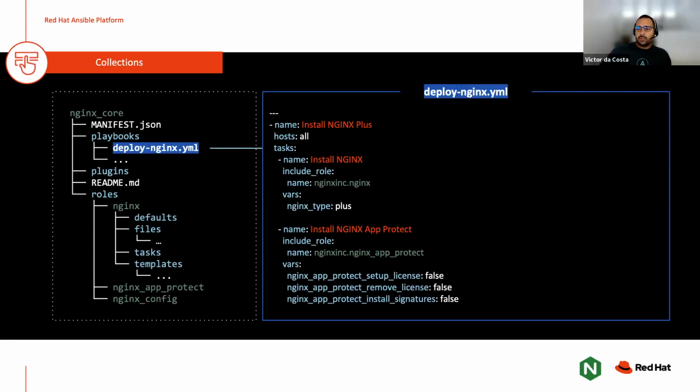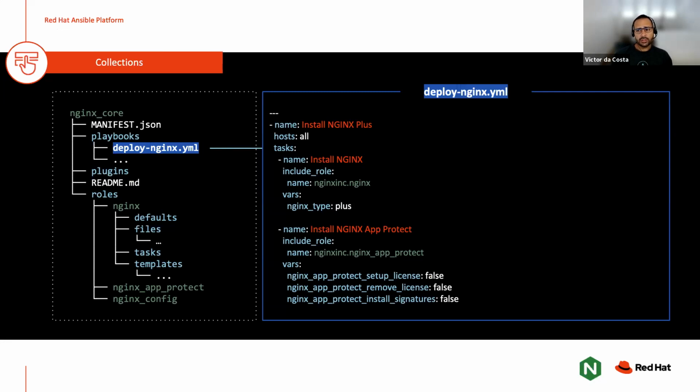Next, we talk a lot about collections as the new way of packaging and delivering content. And that's exactly the movement that we are in now. That's also the case for the content that we'll see during today's session that applies to NGINX and the Controller. Here is just an example showing how collections are structured.